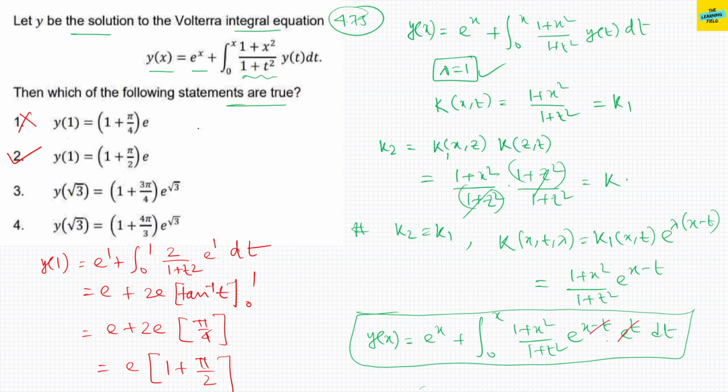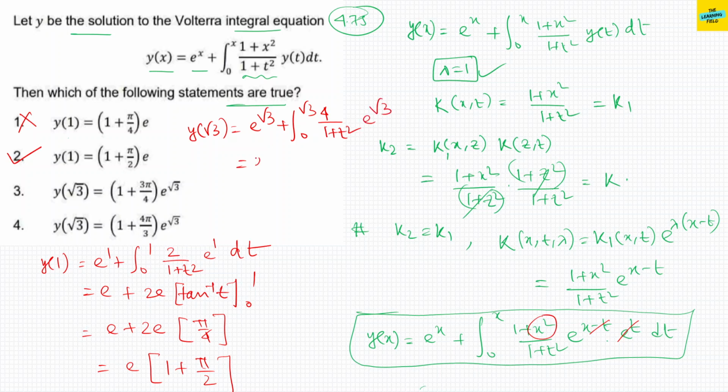And for y(root 3), the value of y(root 3) is equal to e to the power root 3 plus integration 0 to root 3 of 1 plus x square, means this is 4, by 1 plus t square, x square means root 3 square means 3, and e to the power root 3.